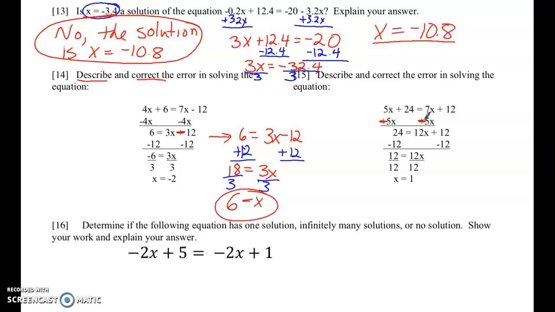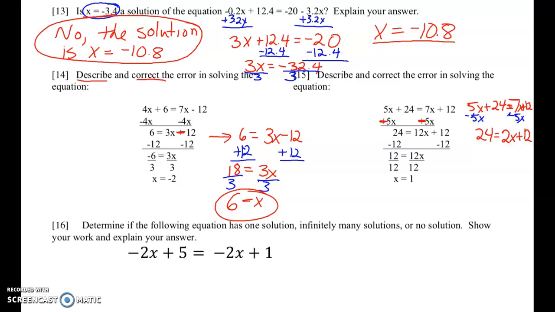So if you minus 5x, plus 24 equals 7x plus 12. If you minus 5x and then you minus 5x, that's going to leave you with 24 equals 2x plus 12.